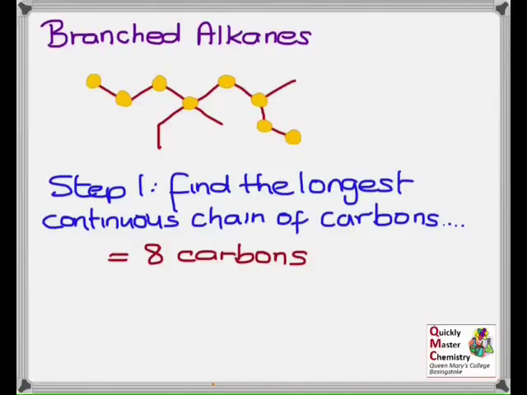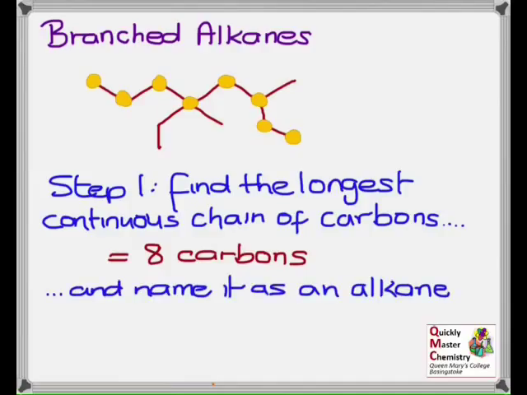So you can see at the right hand end there, there's a little trap that you could just continue the zigzag along, but that would only give you 7 carbons, and instead the longest chain is found by heading down. Now, once we've identified the number of carbons in the longest chain, we name that as if it was an alkane, and so the main part of the name of this alkane will be octane, the name for an 8-carbon alkane.